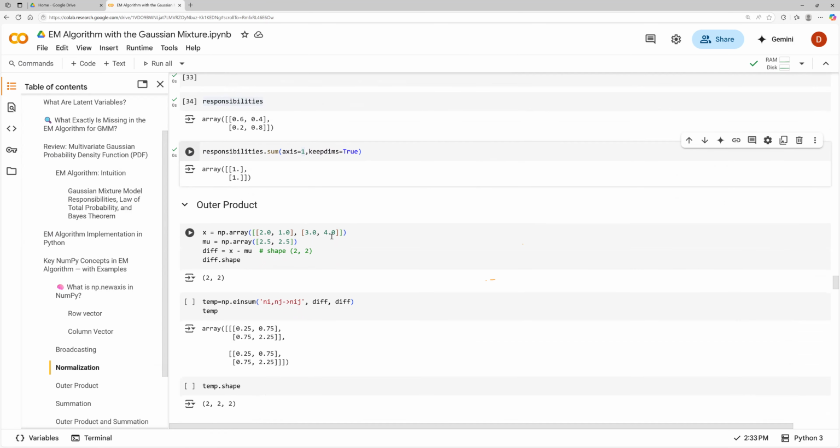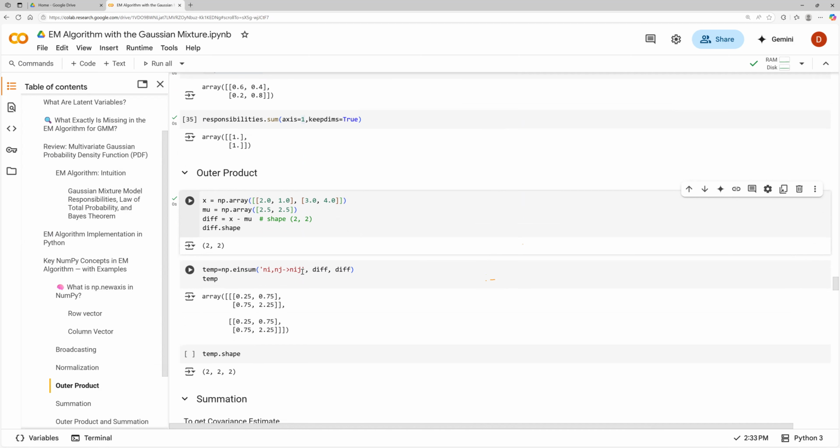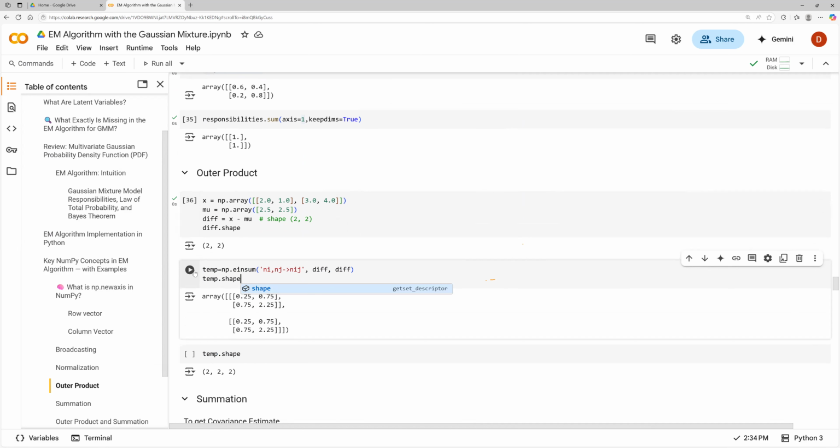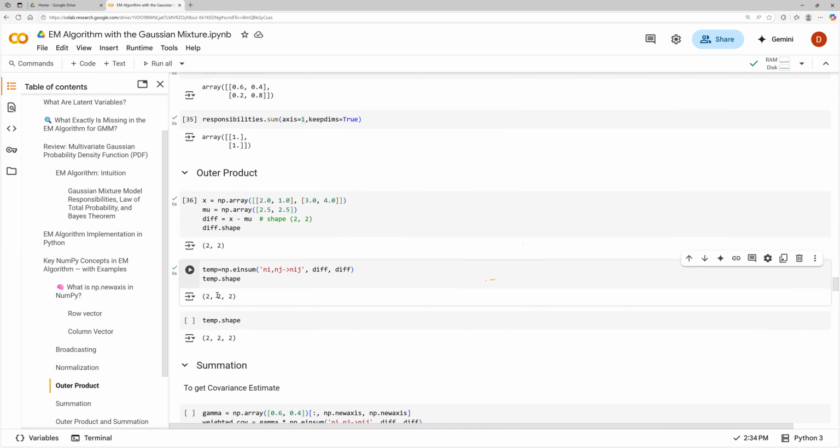And here is finally the outer product, okay? So we got x minus mu. We get this diff thing, and then we do this outer product, and we get this. And this was for our covariance matrices, right? Let's just look. Yep, here.